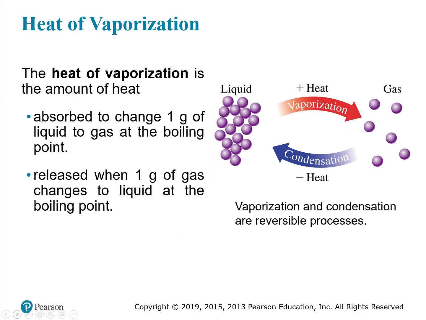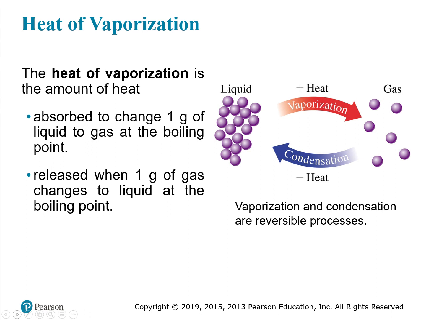Heat of vaporization, we're talking about going between boiling and condensing. When you're boiling a liquid, 1 gram of that liquid going from liquid to gas, that will give you what the heat of vaporization is.